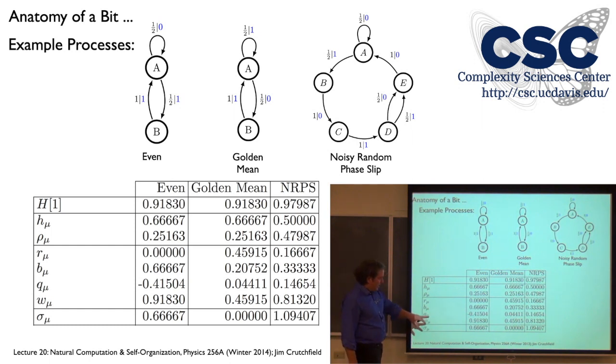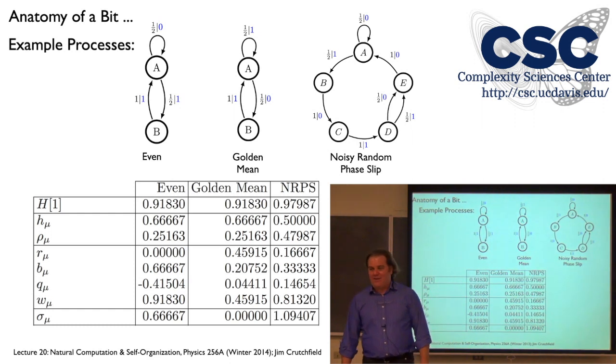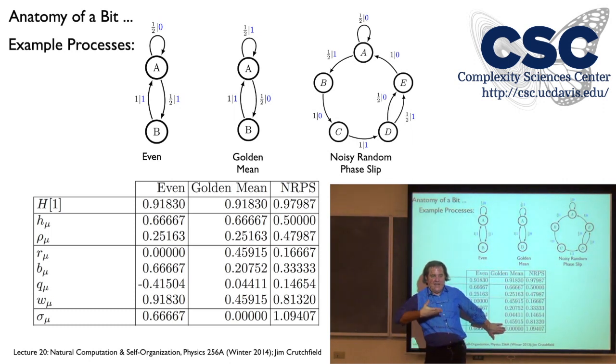And the other curious thing is, notice this mysterious sigma mu. This is the information not in the present that's shared between the past and the future. It's basically maximal, or very large, for the even process, and it's exactly 0 for the golden mean. So what could that indicate? Remember what the difference was between the golden mean and the even process? The golden mean is an order 1 Markov chain, so the present contains all of its state information.